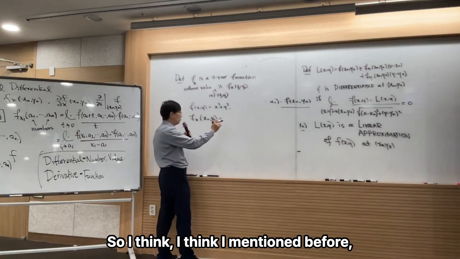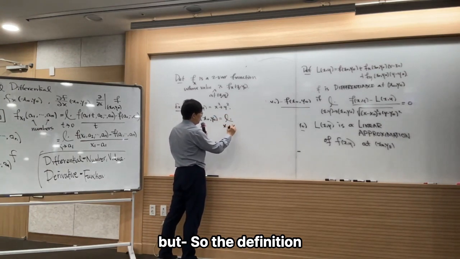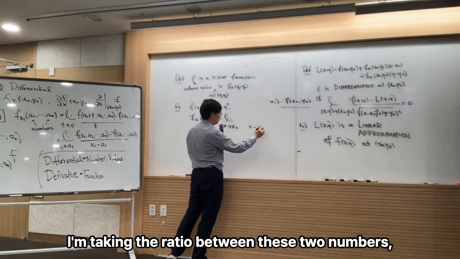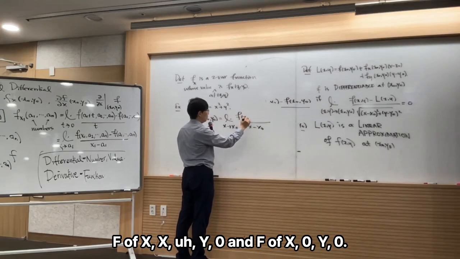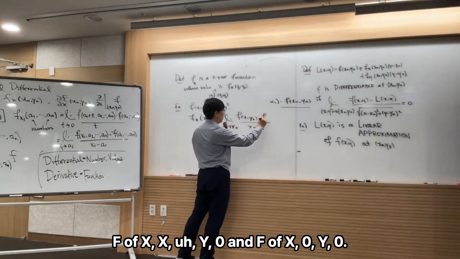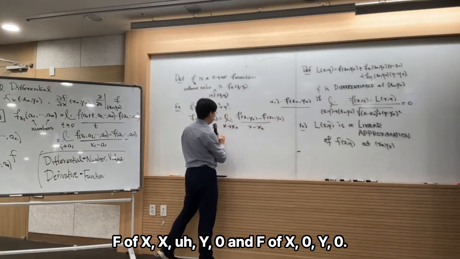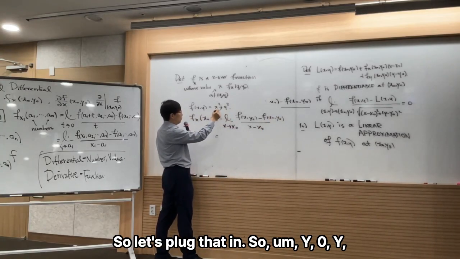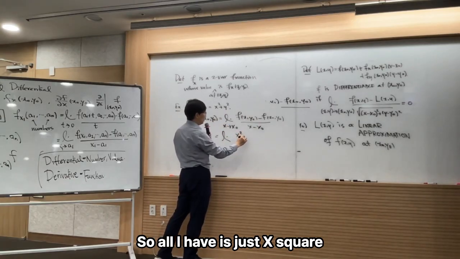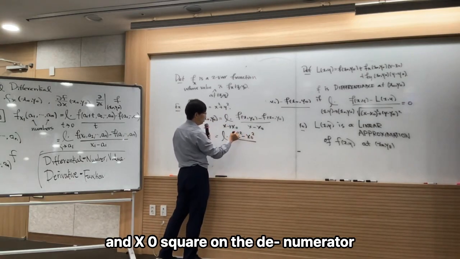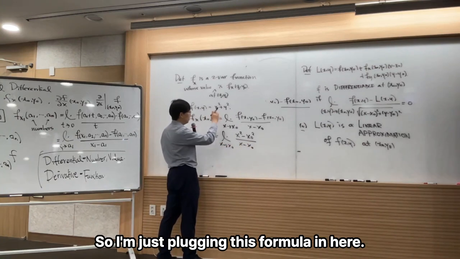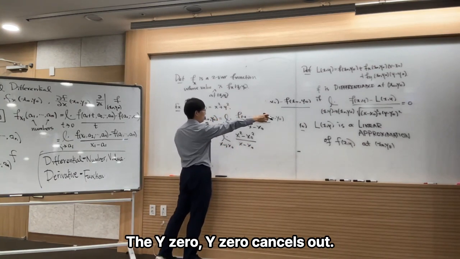The definition is that when x goes to x0, I'm taking the ratio between these two numbers, f of x, y0 and f of x0, y0. Let's plug that in. The y0 squared terms cancel each other, so all I have is x squared minus x0 squared in the numerator, and in the denominator I have x minus x0. I'm just plugging this formula in here, so y0 cancels out.